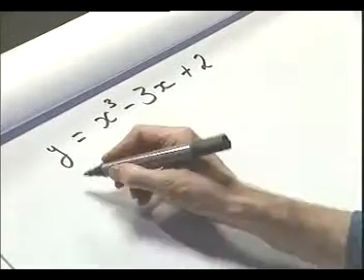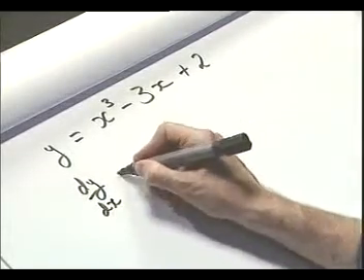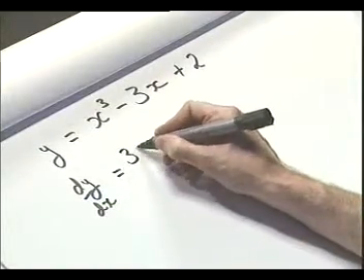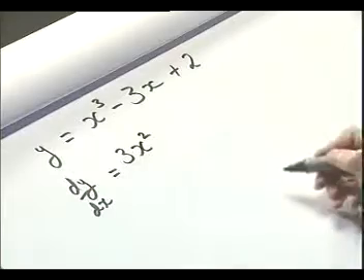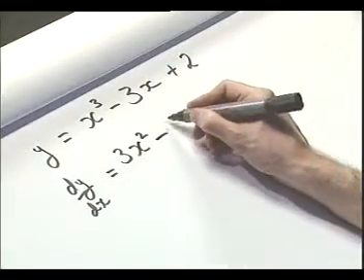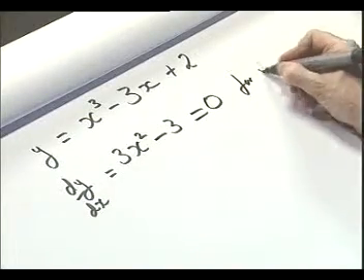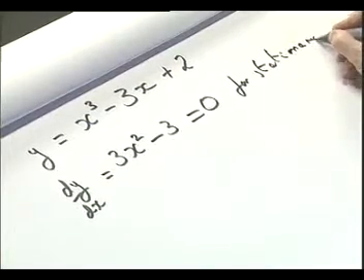So the first thing we need to do is differentiate it. dy by dx equals, and if we differentiate this, we have 3x squared. We multiply by the index and subtract 1 from it, minus, and the derivative of the 3x is just 3, and this is equal to 0 for stationary points.